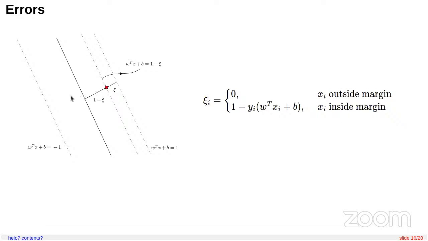We should penalize only if it is misclassified. That is, red point falls here. But I want to be more conservative and say that the moment you enter my margin, my zone of no entry, I'm going to start penalizing you. Okay, so is that point clear?